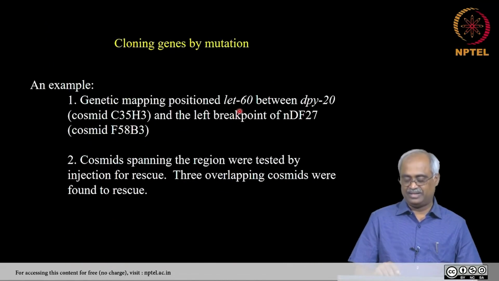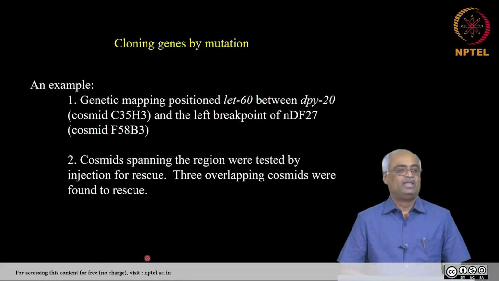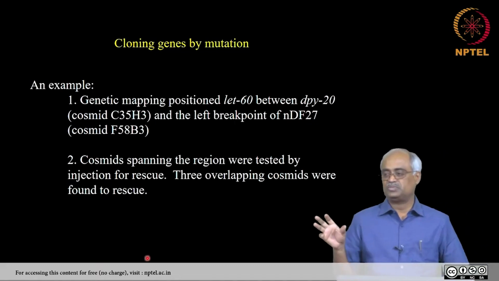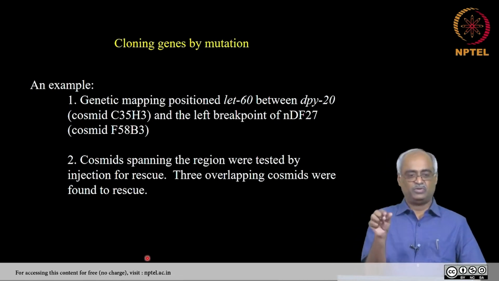Alright. So here we are sticking with what we discovered. Remember let60, the dominant one that we got. The genetic mapping, the 2 factor, 3 factor, etc., put let60 between dumpy20 and a deficiency. So dumpy20 is a known marker, and its physical map is known, cosmid this number. And the left breakpoint of, okay, so this is a deficiency. Deficiency means larger deletions of chromosomes instead of point mutations or a few hundred base pair deletions.